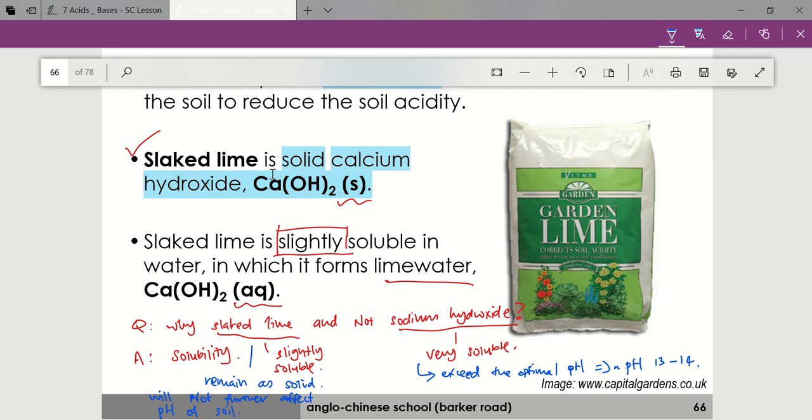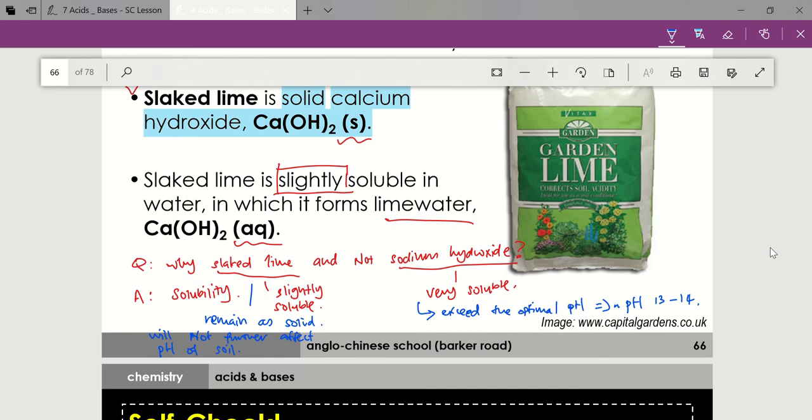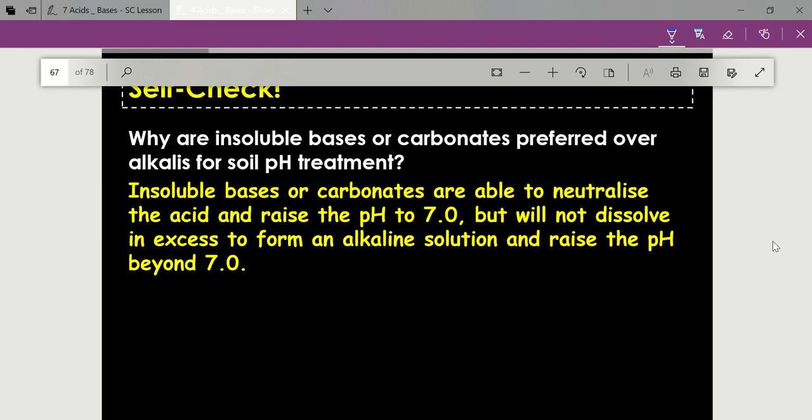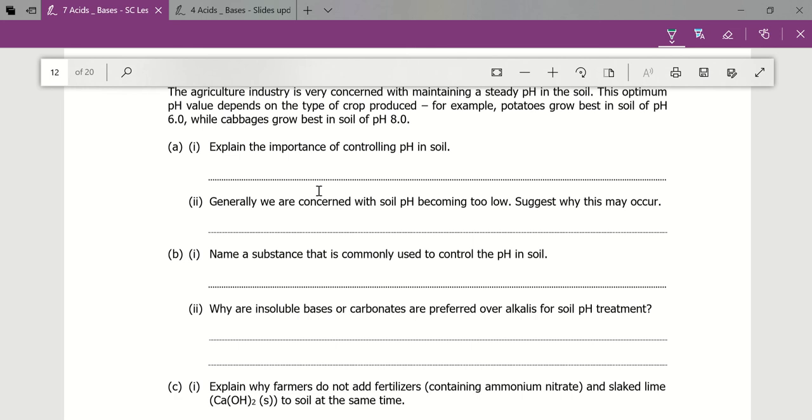Okay, so that is the main reason why, and that's the most common question that students will ask as well. So please just take a look at the questions in your book.